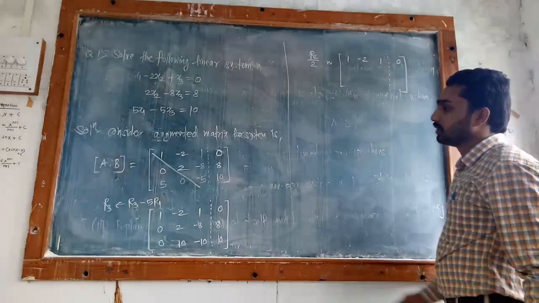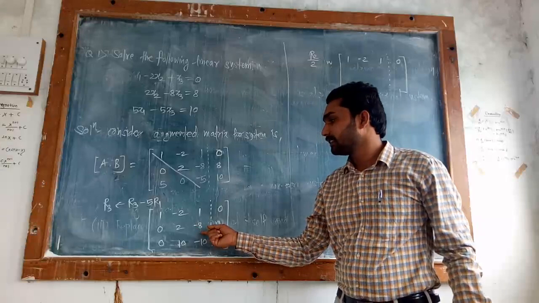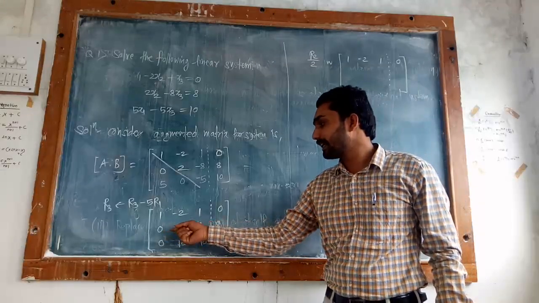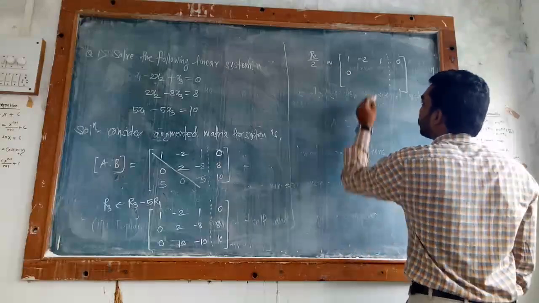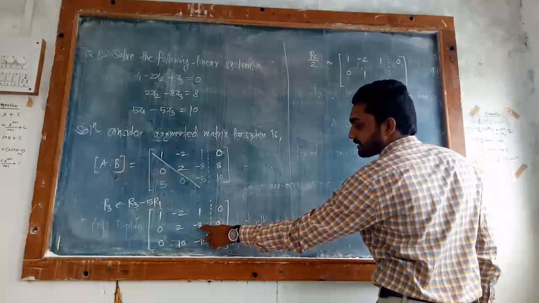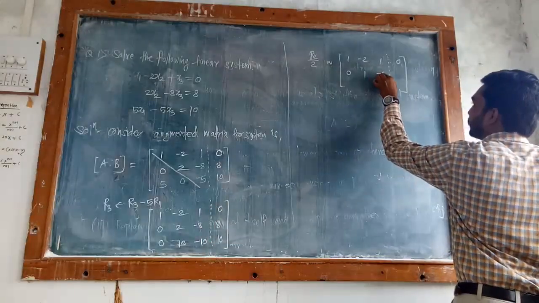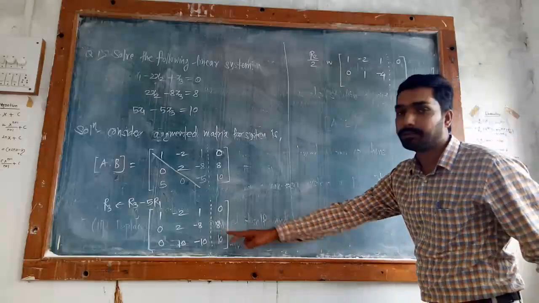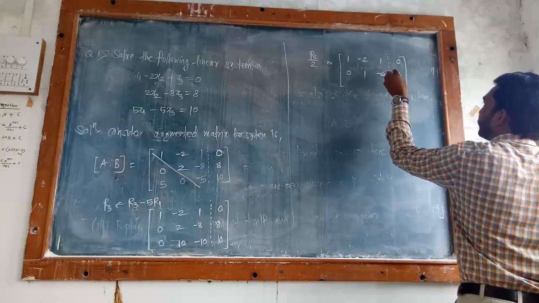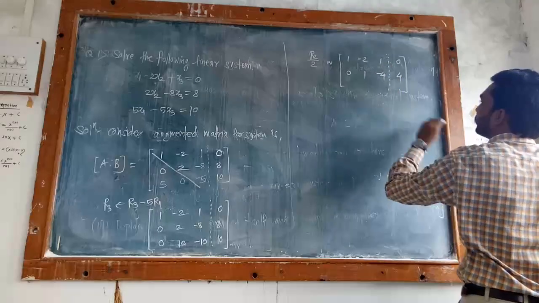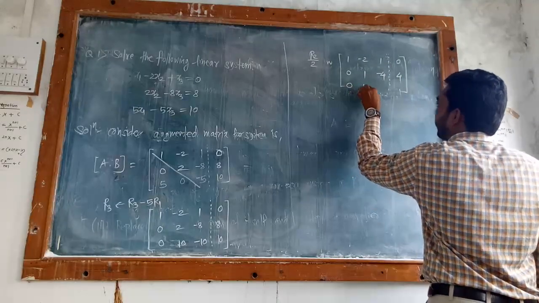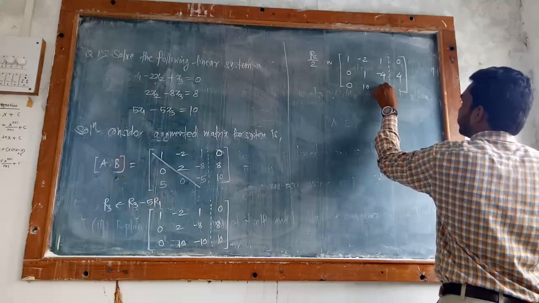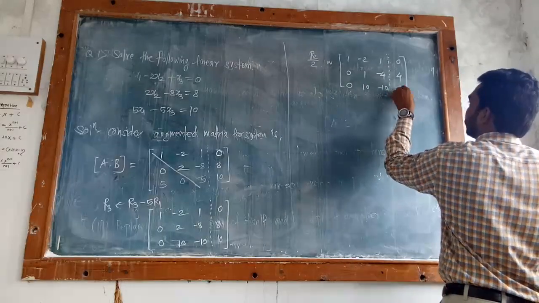For the second row, we divide each element by 2. So 0 upon 2 is 0, 2 upon 2 is 1, minus 8 upon 2 is minus 4, and 8 upon 2 becomes plus 4. This is the partition for the right-hand side. The third row as it is, that is 0, 10, minus 10, and last is plus 10.